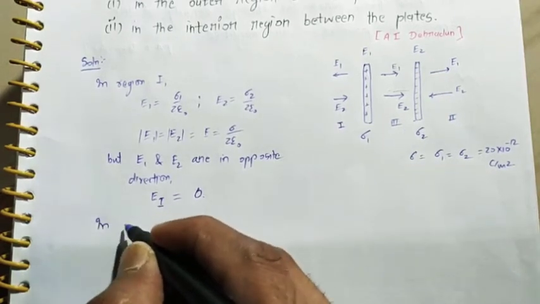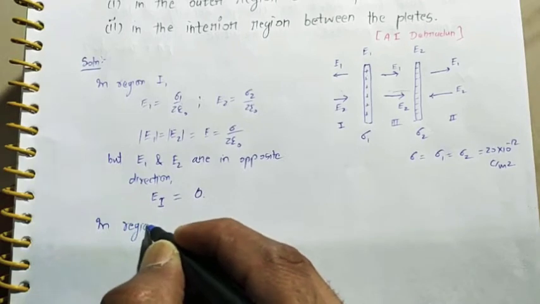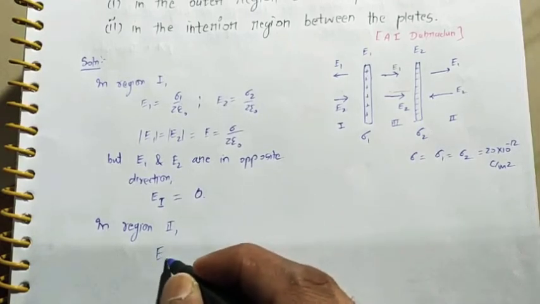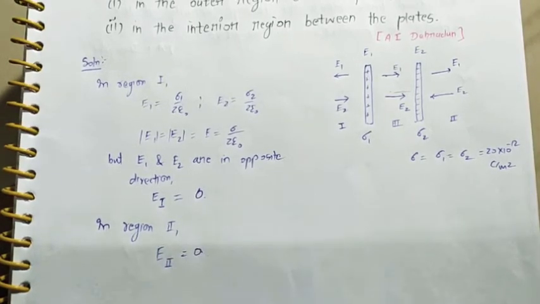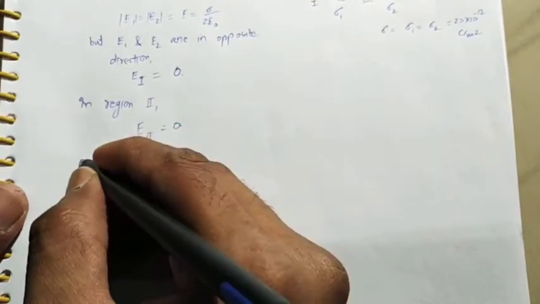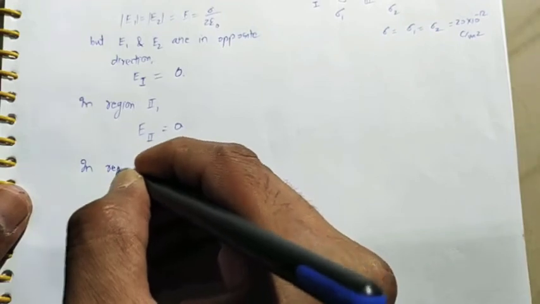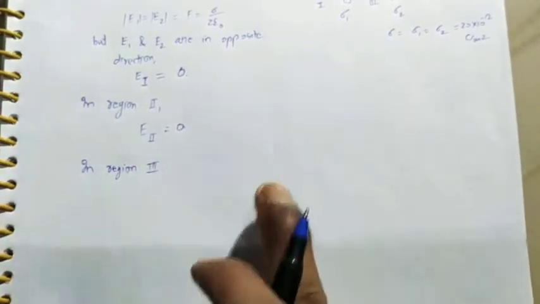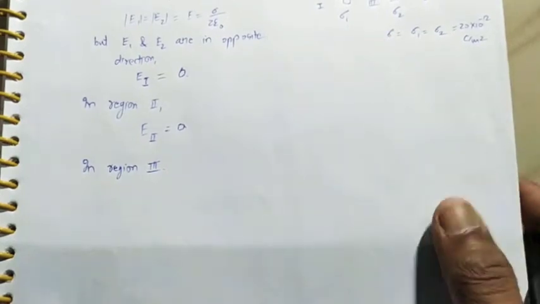So in region 2, again, if I name it E2, then this will also be 0. But what about region 3? In region 3, meaning between the plates. What will be the resultant?